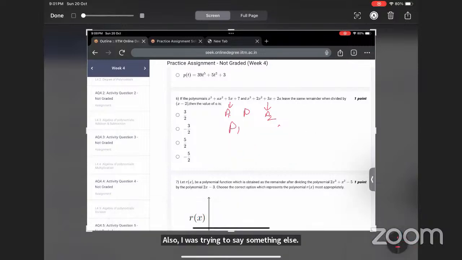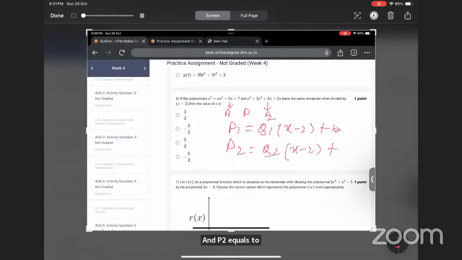So we know that P1 equals some Q1 into x minus 2 plus remainder, and P2 equals some Q2 into x minus 2 plus the same remainder R, right?